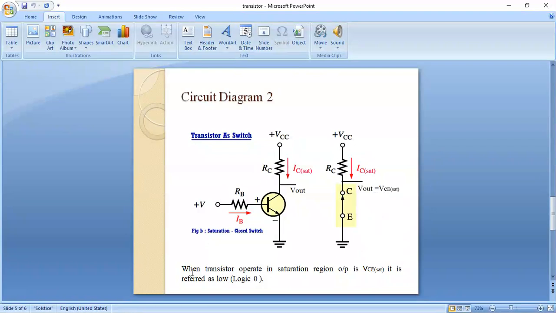So when you apply plus 5 volt at the input, you get the output voltage theoretically zero. It is nothing but logic zero at the output. This is exactly opposite to the cutoff condition.